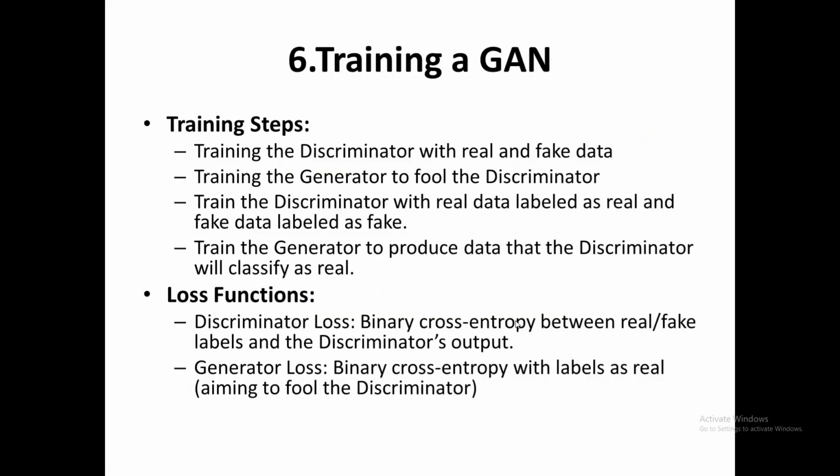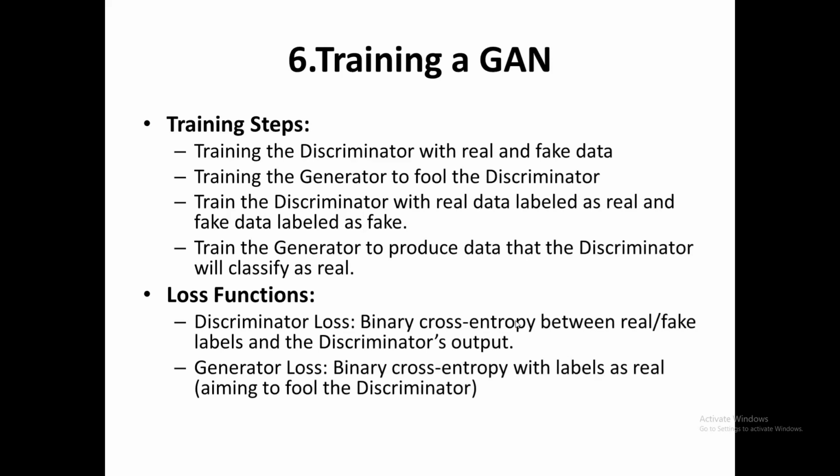So the training steps of the GAN: training the discriminator with the real and fake data, and training the generator to fool the discriminator. That is the main point. Train the discriminator with the real data labeled as real and the fake data labeled as fake, so that the discriminator has to label correctly.